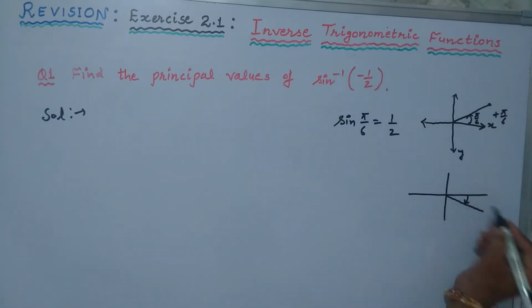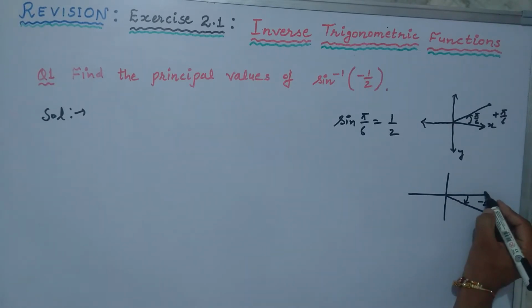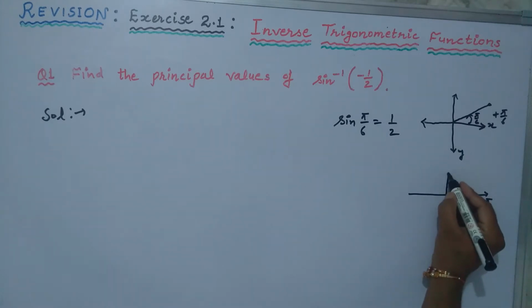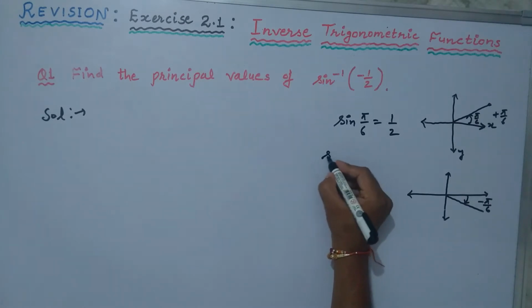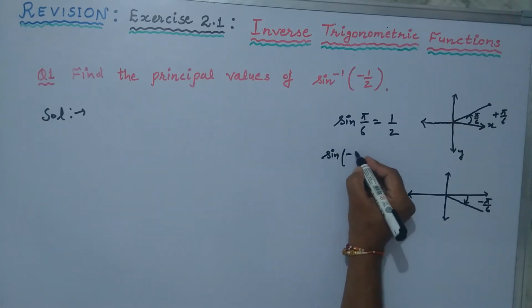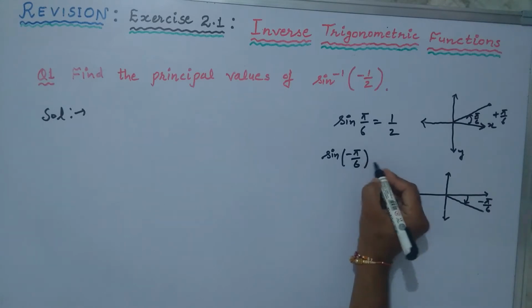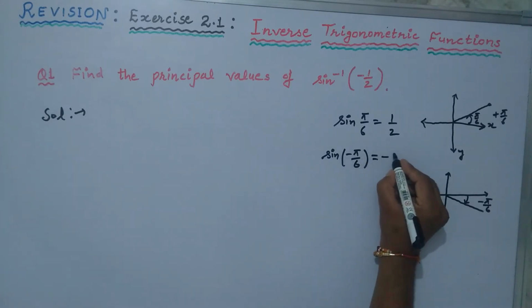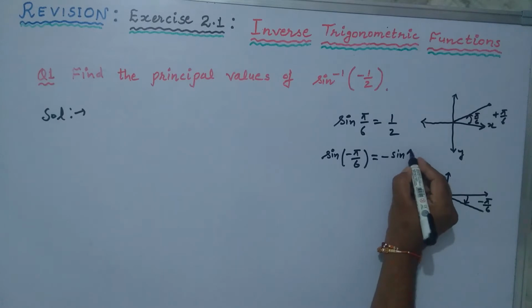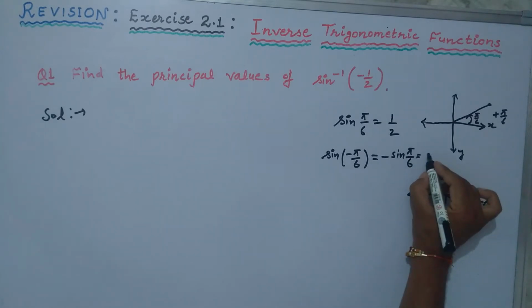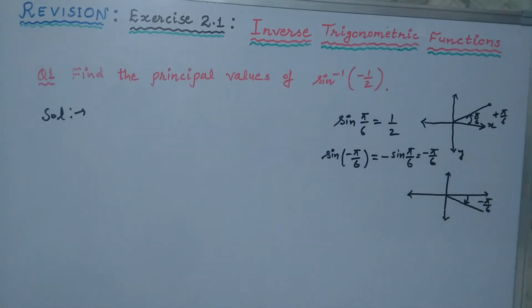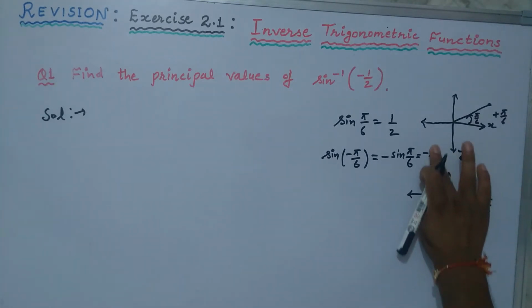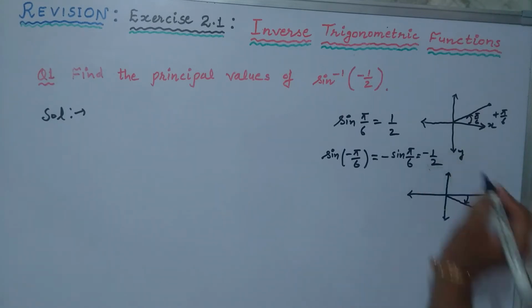Similarly, if we take clockwise, then this angle is minus pi upon 6. So what we can say here: sine of minus pi by 6 is equal to minus sine of pi upon 6, which is equal to minus 1 upon 2.